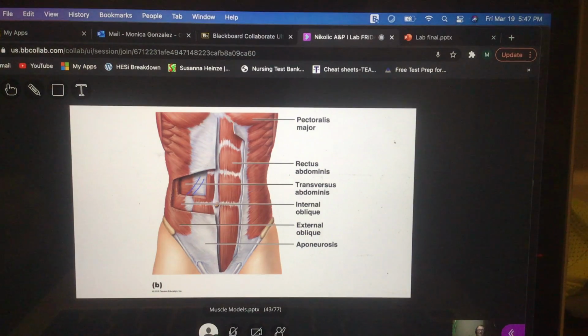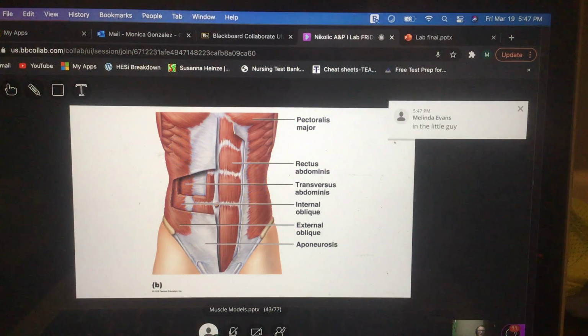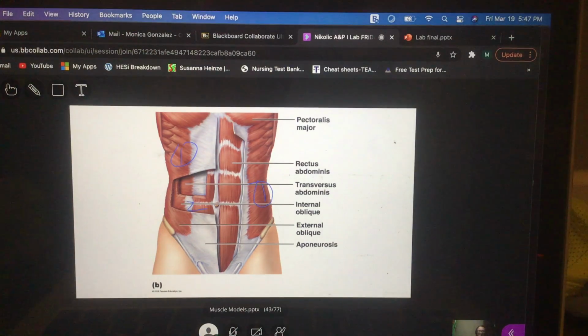Lowest layer here, I've got 1 layer, 2 layers, 3 layers. It's hard to make that 3rd layer in the model, so it's not going to be there. If it's not there, it's just a free point.